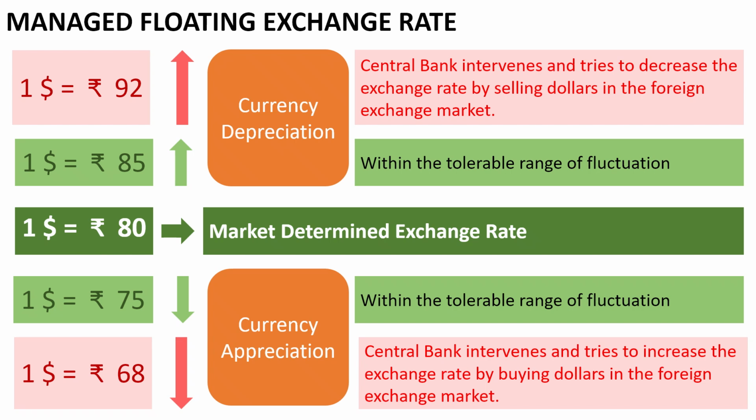And it does that by buying dollars in the foreign exchange market. So we see that intervention of the central bank helps in stabilizing the exchange rate within the tolerable range by central bank acting as either a bulk buyer or a bulk seller of foreign exchange.